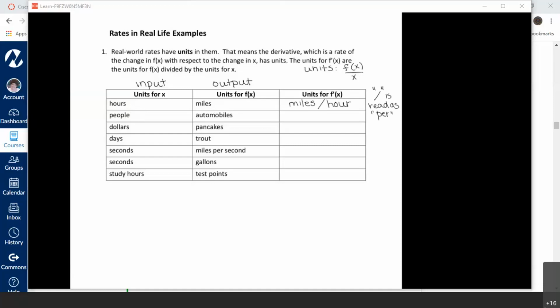The word per or that divide sign tells you you have a rate. Everybody comfortable with that? Any questions so far?